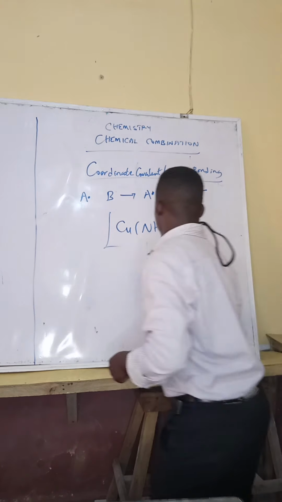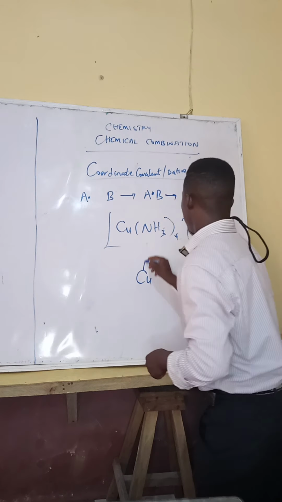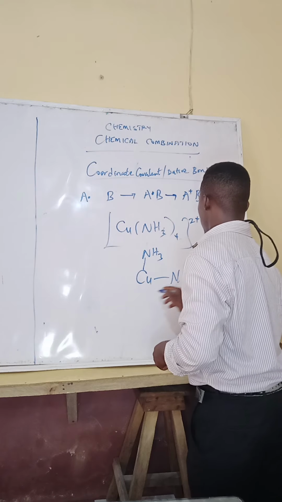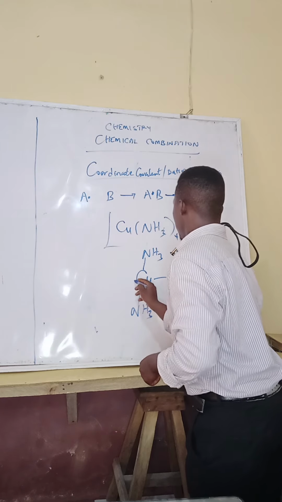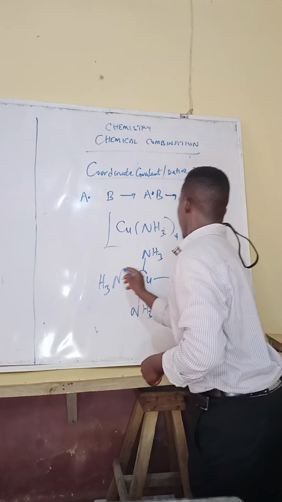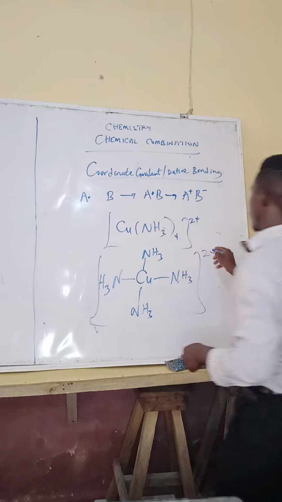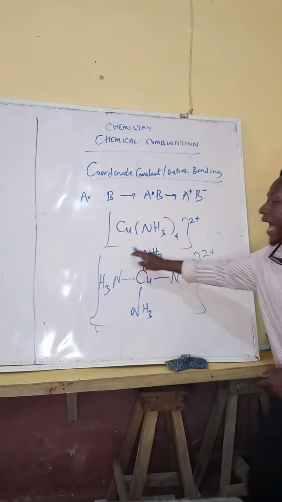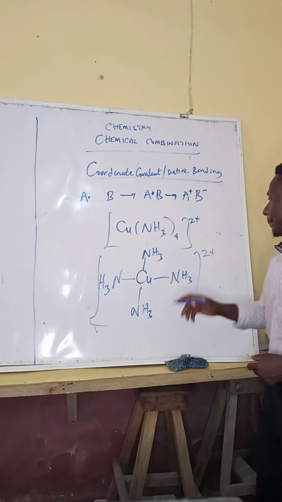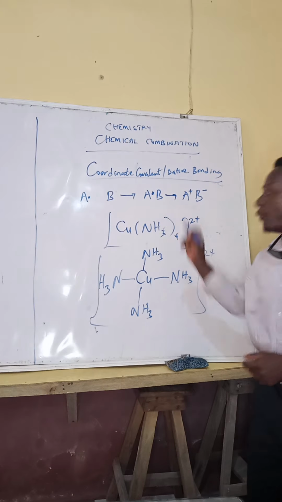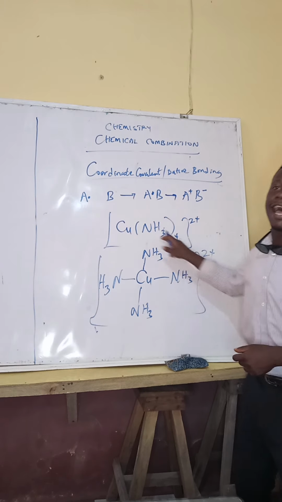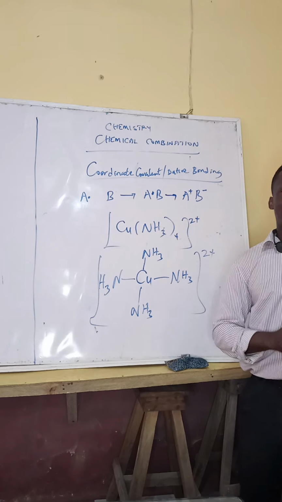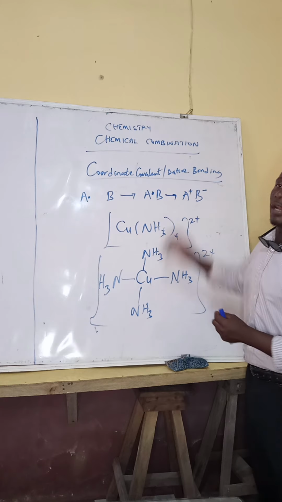This complex ion has copper at the middle, which is the central atom, and of course you have NH3 ligands around it, 2+. Now this central atom and the ligands are joined together by a coordinate covalent bond. This is the central atom, these are the ligands. They are joined together by a coordinate covalent bond. So all complexes are joined together by a coordinate covalent bond or a dative bond.